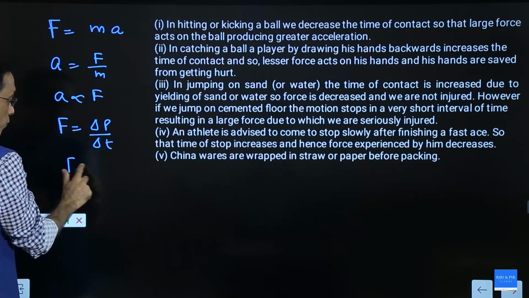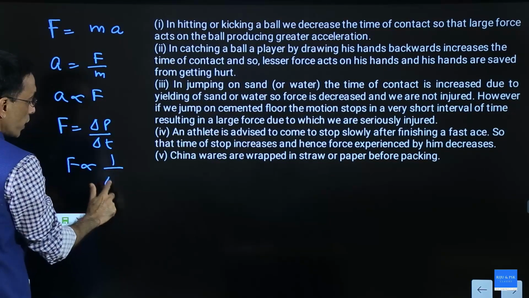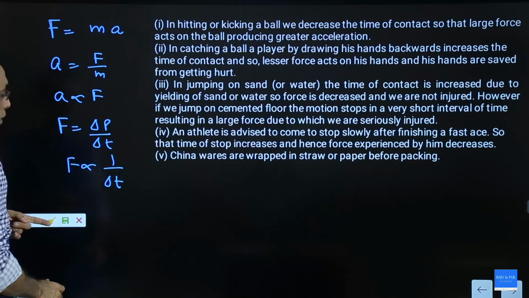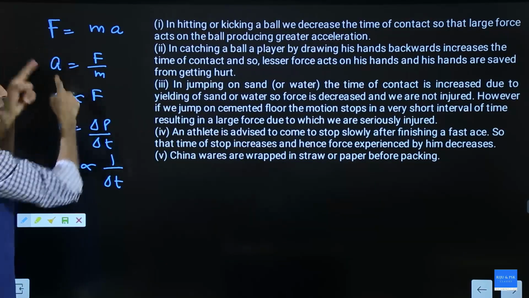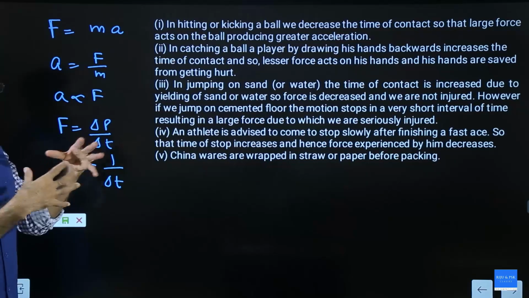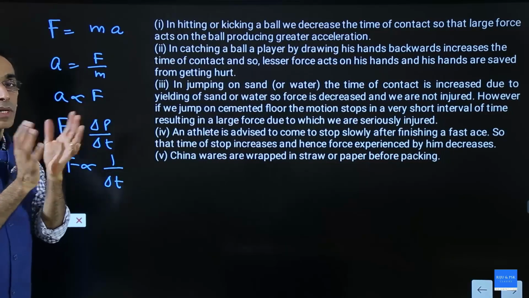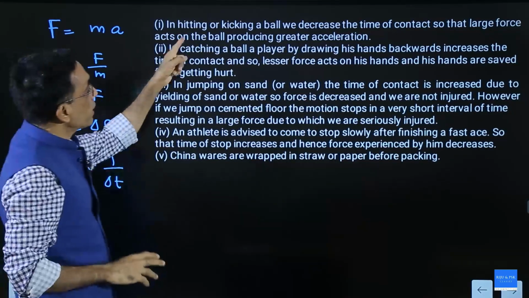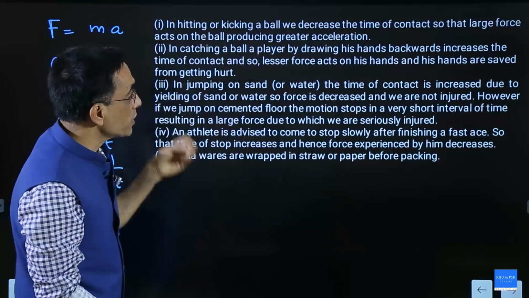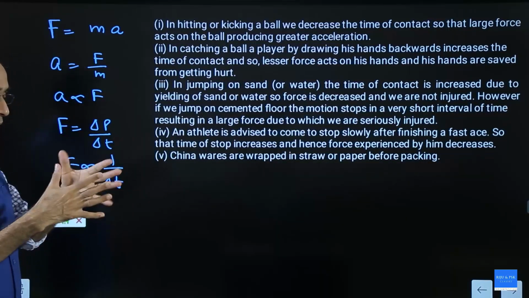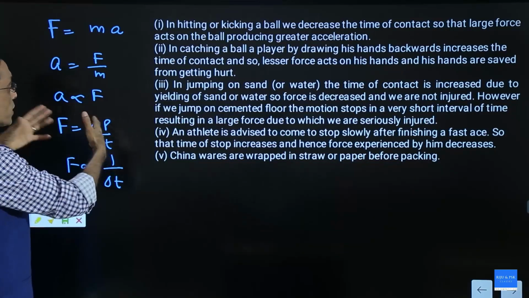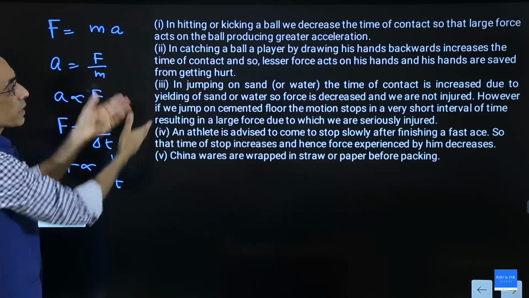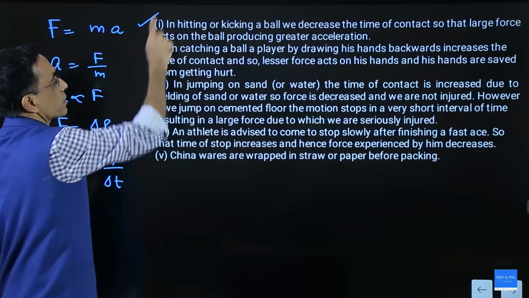So, we can say F is inversely proportional to the time taken. So, if you reduce the time, force will increase. If you increase the force, acceleration will increase. The ball will get a large speed in a very short amount of time. So, the answer: in hitting or kicking a ball, we decrease the time taken, so that the force acting will be large, and the force acting creates a larger acceleration. That is the meaning of this sentence.